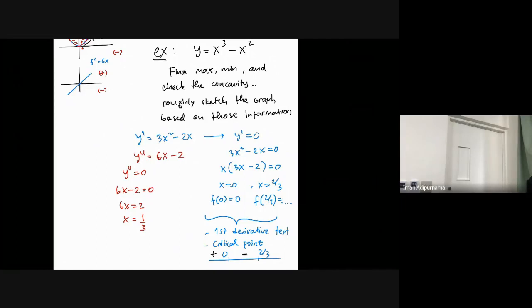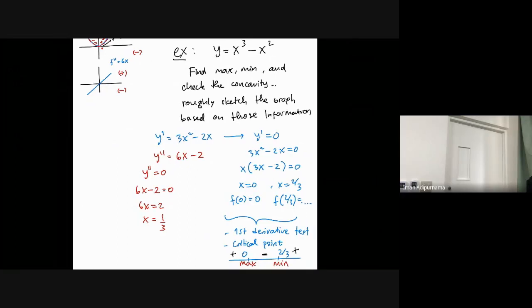Then checking 1, it's positive. So our graph is increasing, then decreasing, then increasing. So this will be the max, and this will be the min.